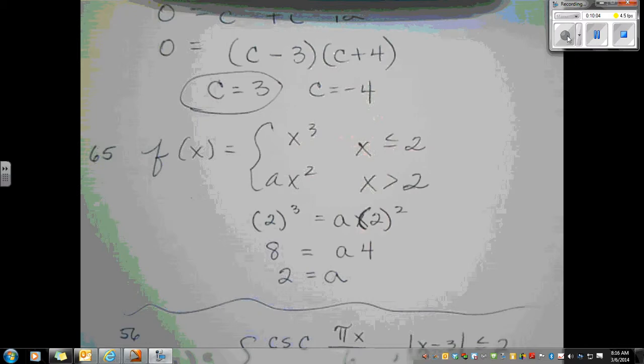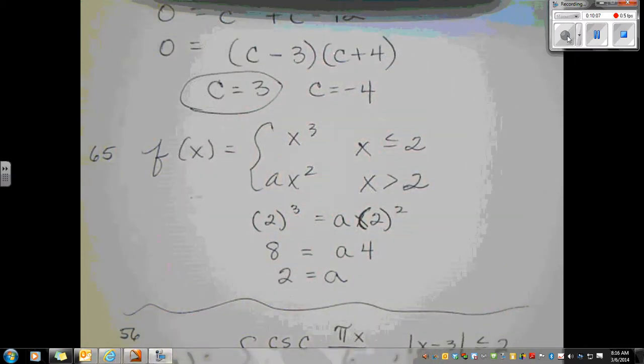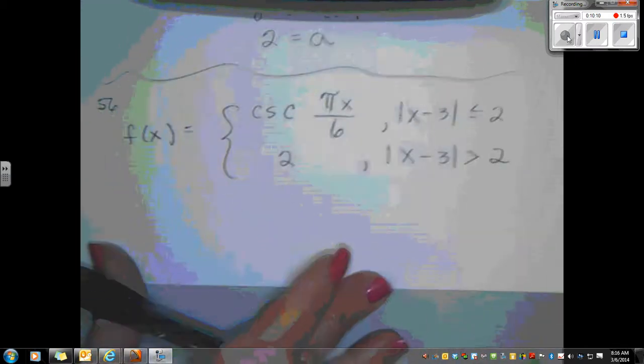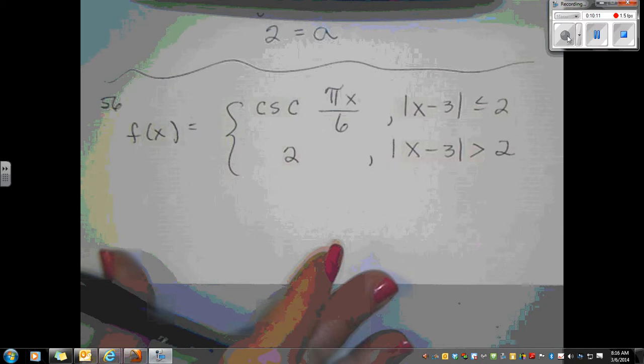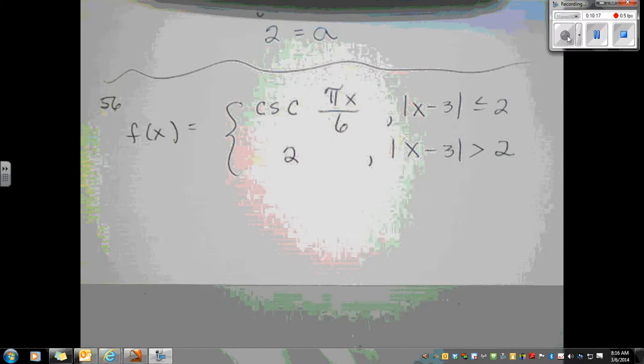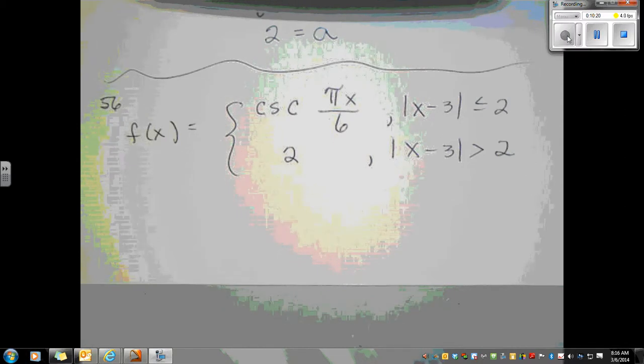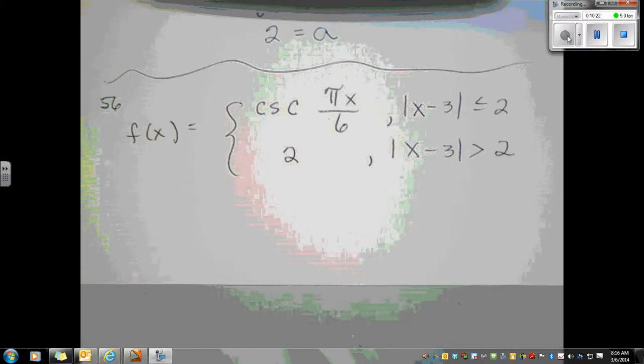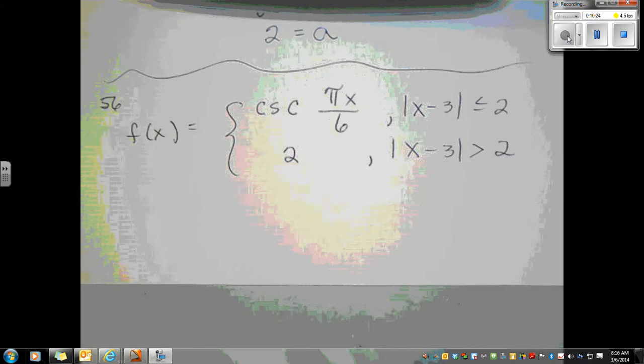Okay, they wanted you to answer on this problem, are we continuous? Are we not continuous? What's the deal? Now, we're going to do this two ways. We're going to graph this by hand, and then we're going to show you how to graph this on your calculator. Because this is a piecewise function, and some of you do not know how to graph it on your calculator. But you can.